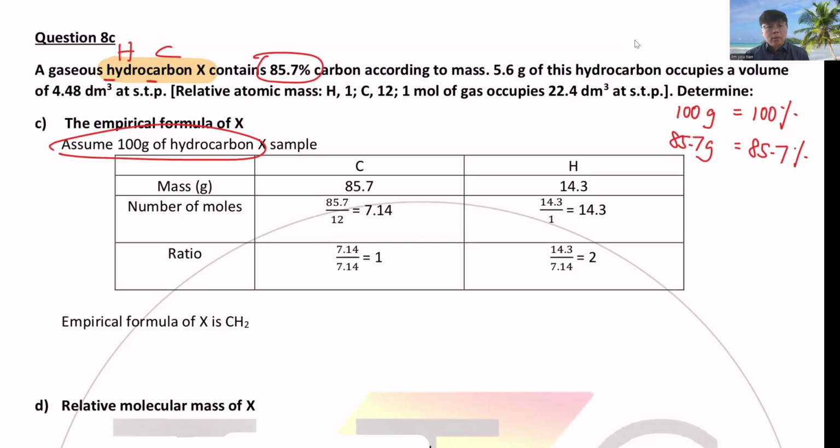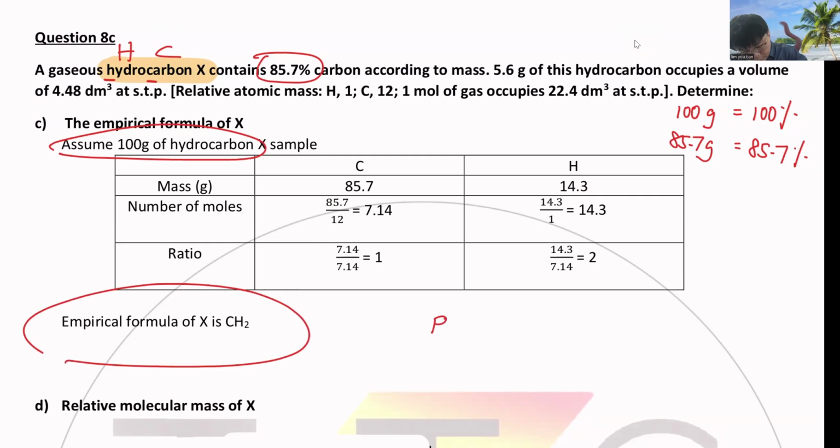Based on our previous question, after you get the empirical formula, they will tell you the relative molecular mass equals to 172, for example.